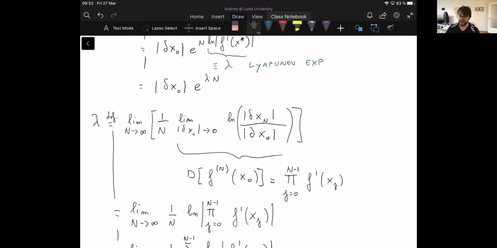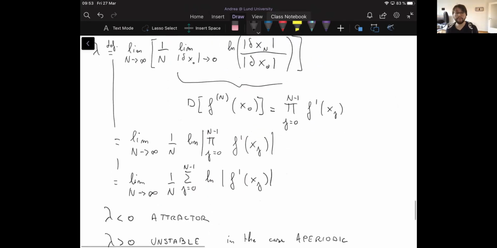So the n is for a very large number of iterations. So you go through the system and let it evolve in an independent fashion, and you track two solutions. And for a very, very large number of iterations, you measure how the difference grows. And then you do this limit, and that's fine.